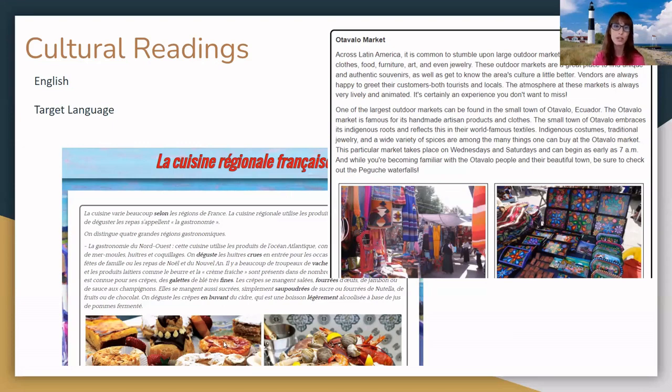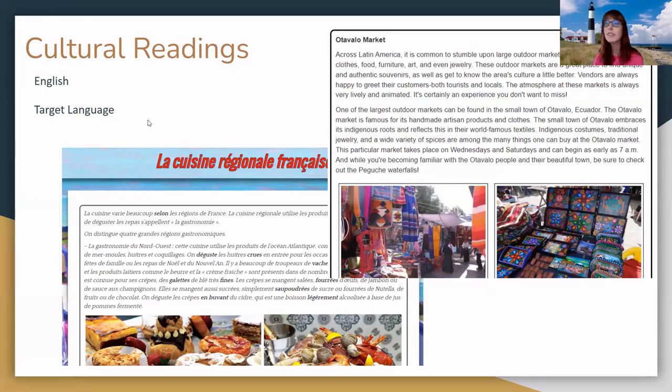With the food down here, I would love to talk to my students about, do you think this looks delicious, or do you think this doesn't look delicious? Which one of these would you most like to try to eat? And these are all things that you could do in the target language just to go beyond what's actually given here in your Voces Digital. So there's your cultural readings.